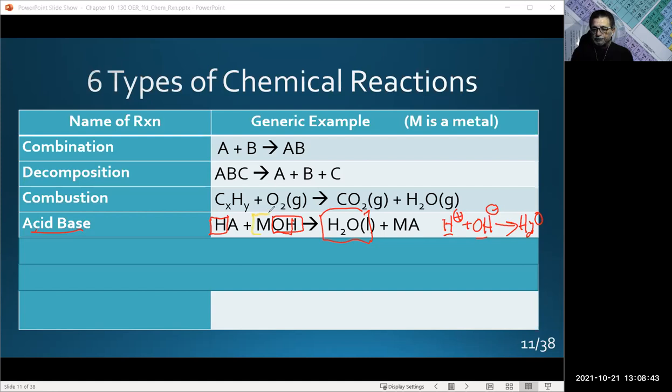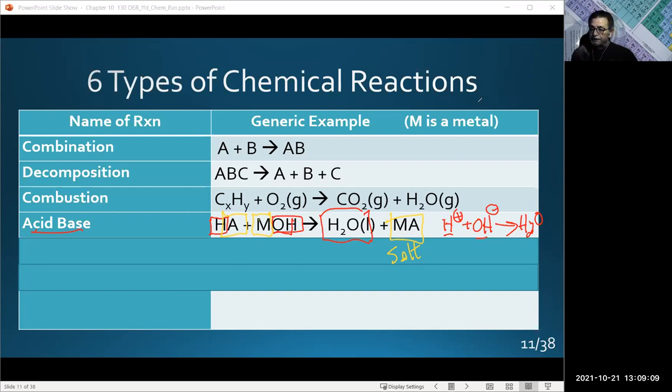So M represents the metal that combines now with the anion. So the cation of the base combines with the anion of the acid to form some salt. And salt, again, is not always just sodium chloride. Salt in chemistry is an ionic compound, a metal-nonmetal combination, okay?